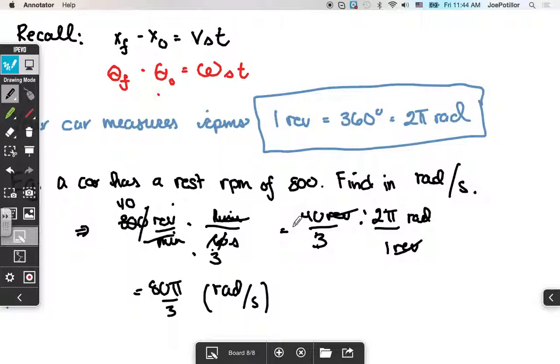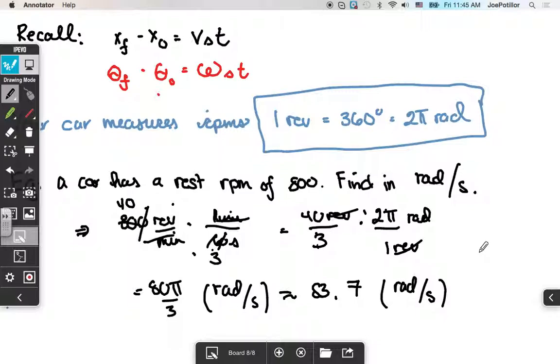And if you want to approximate what that is, you can totally figure that out on your calculators with your fancy adding devices. It's about 83.7 radians per second.